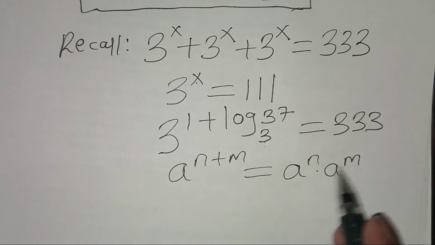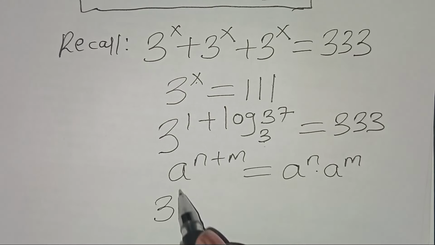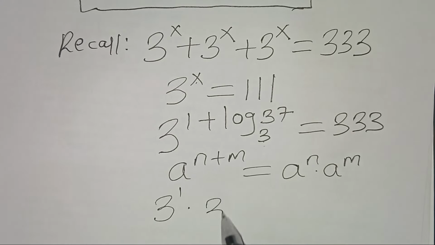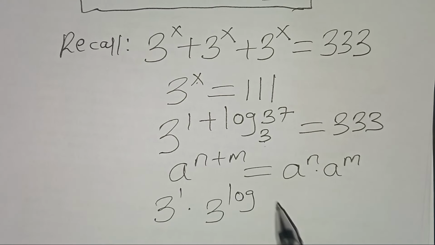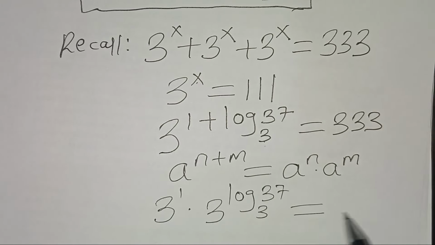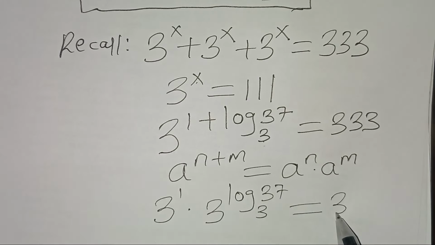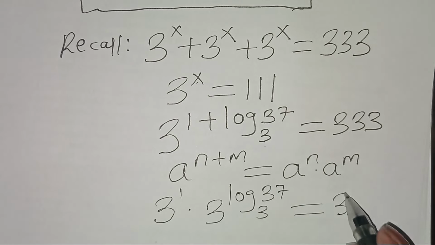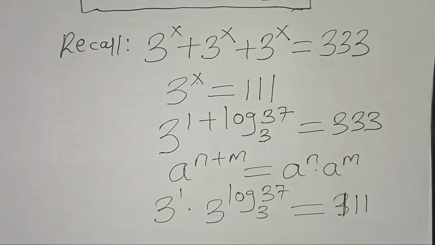Applying this property, we have 3 to power 1 times 3 to power log 37 to base 3, which is supposed to be 111.